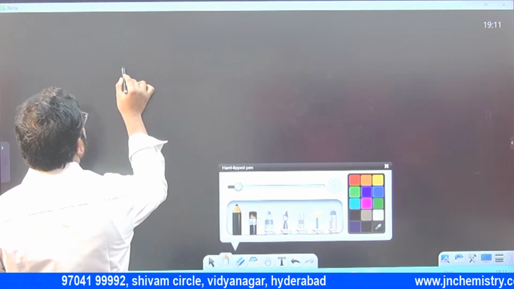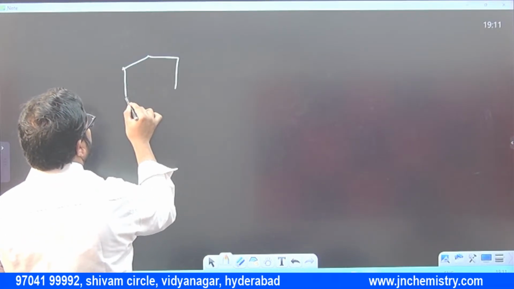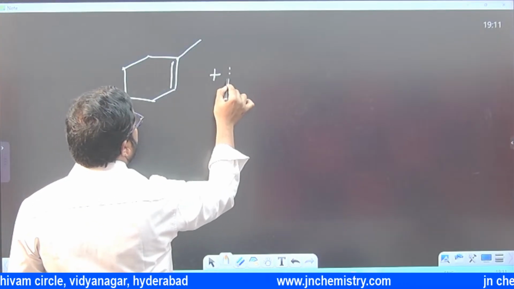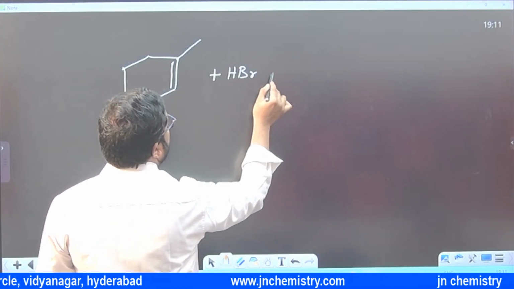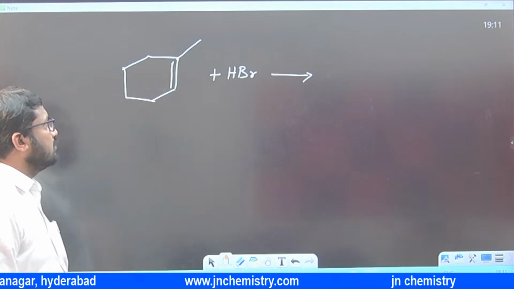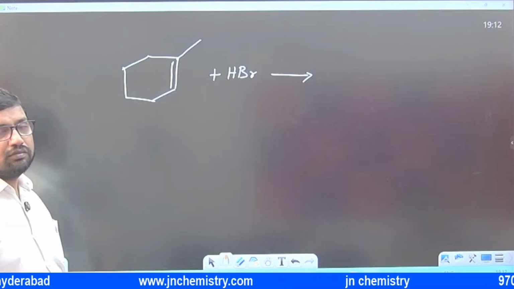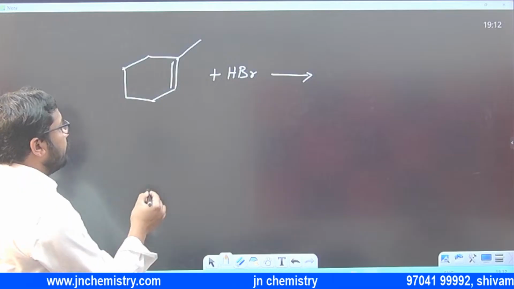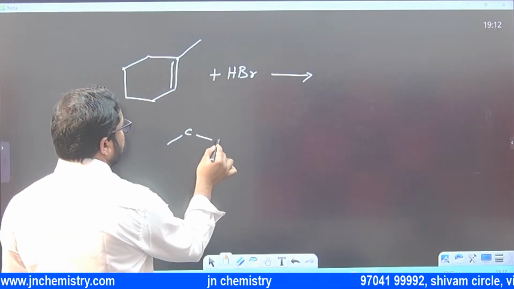Next, I'm just trying to explain this one. So in this case, what exactly happens? If you are confused, you can go with the carbon chains like this.